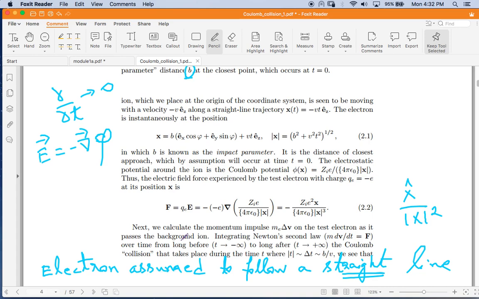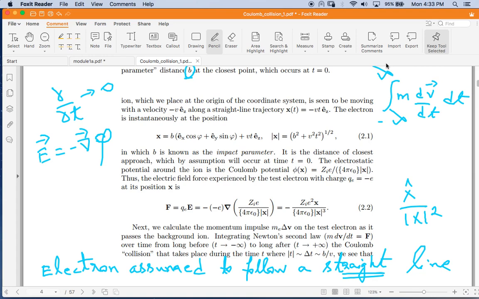So moving ahead, from having known the force, we calculate the momentum impulse, which is just m delta v, right? This is the impulse, as you know, and you get the impulse by integrating m dv/dt dt, from very long before to very long after.